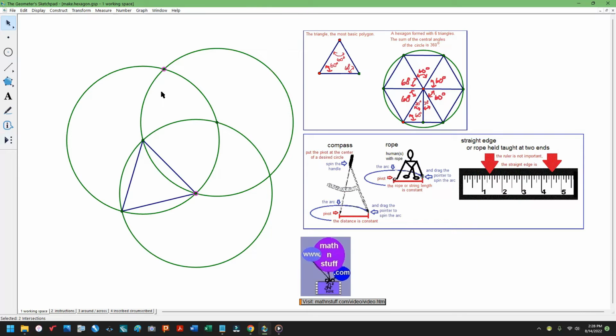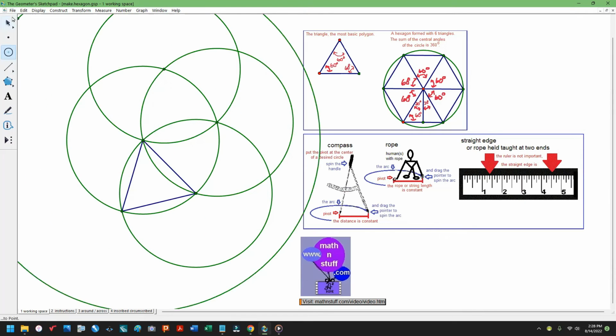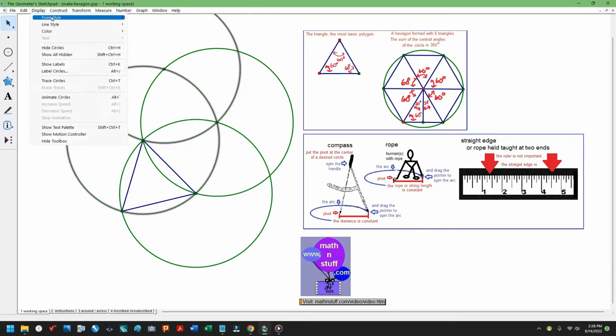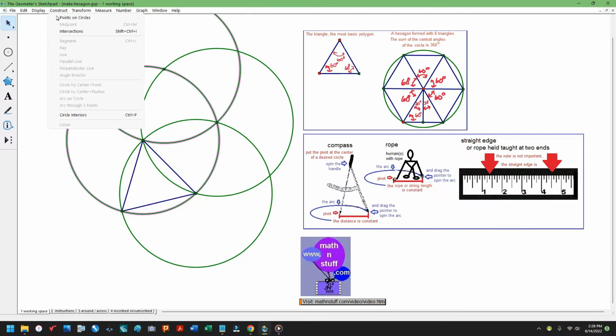I'm going to do it again. Make a circle. Mark the intersection. Make another circle.